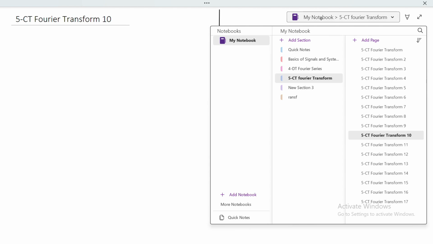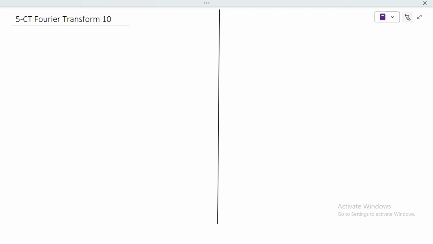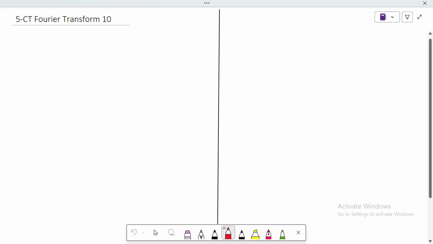Next property, the third one, frequency shifting. Frequency shifting property.